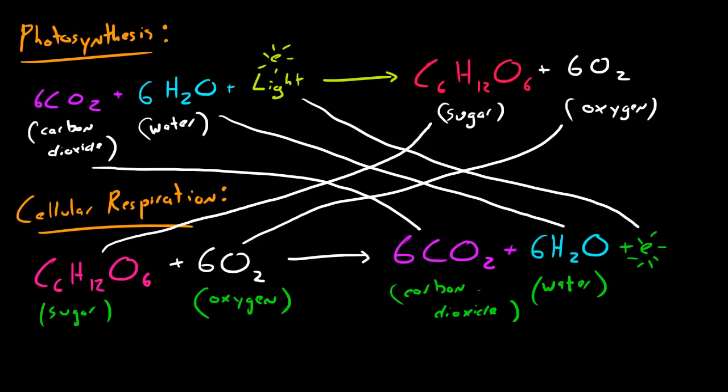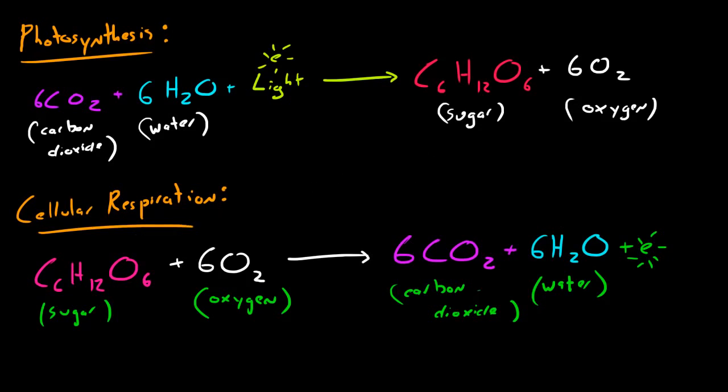So if you get rid of all these lines, you can see a little more clearly that photosynthesis and cellular respiration are pretty much the exact opposites of each other. The way a plant makes food and the way humans break down food and convert it back to energy that their cells can use, the relationship between photosynthesis and cellular respiration is one of the most beautiful chemical relationships in all of physics, or excuse me, in all of biology.